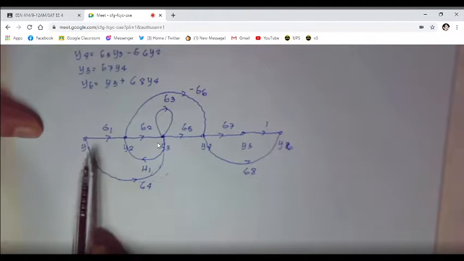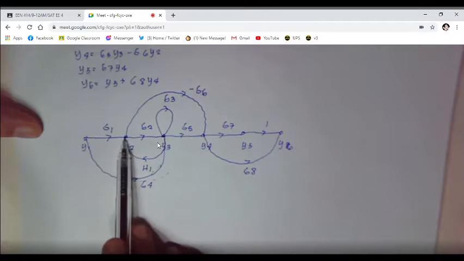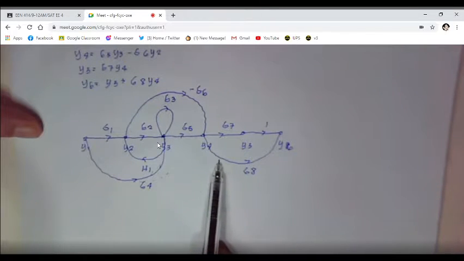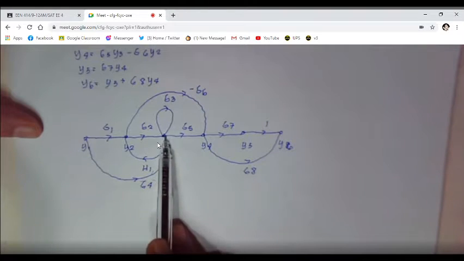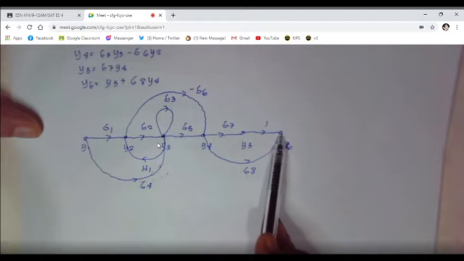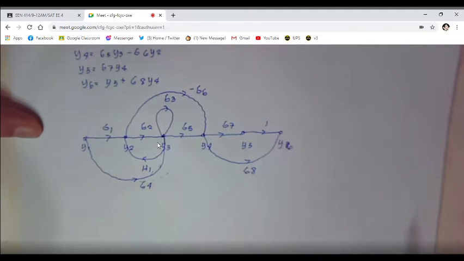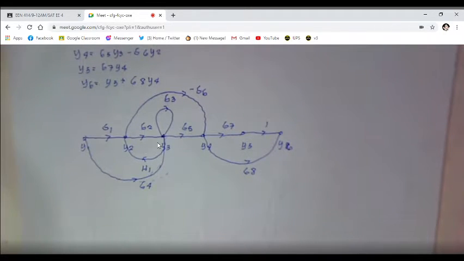Yung pang 7, ito. Okay? Yung pang 8, ito. Yan. Okay? Wala akong nadaanan na Y sa 2 beses. 8 lahat. Baka meron pa, baka gusto nyo 10 o 9, pero wala na akong nakikita.